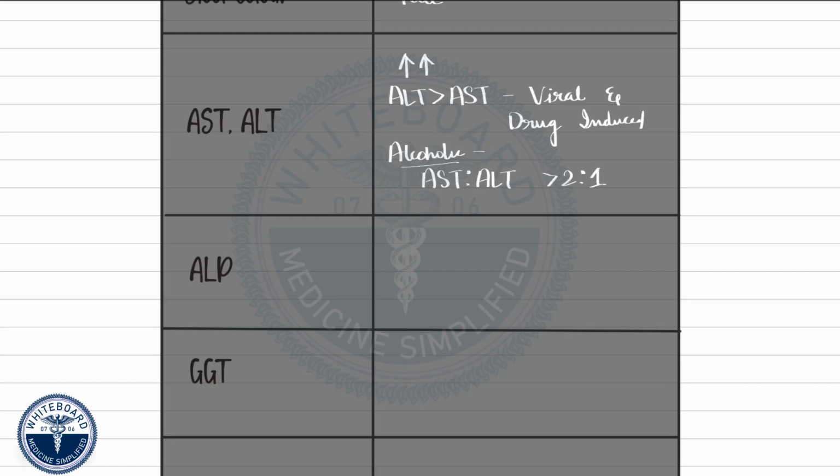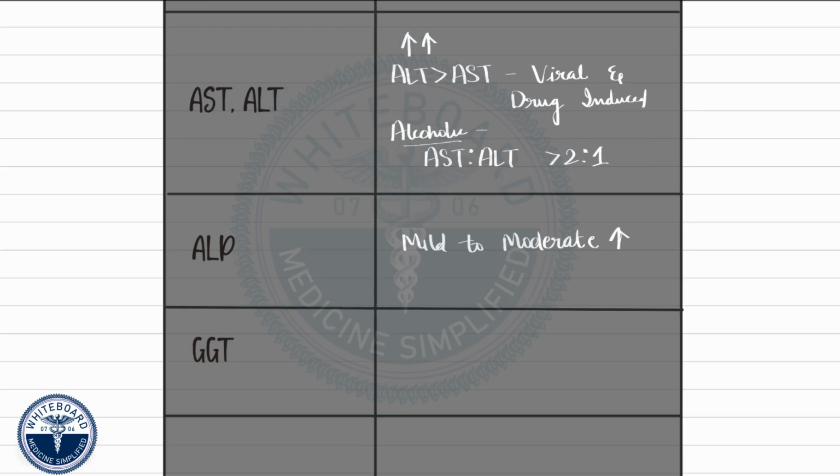The alkaline phosphatase is mild to moderately elevated, while a massive elevation is characteristic of post-hepatic or obstructive jaundice. In hepatic jaundice, the inflammation can compress small bile ducts within the liver, causing a moderate rise in ALP level.